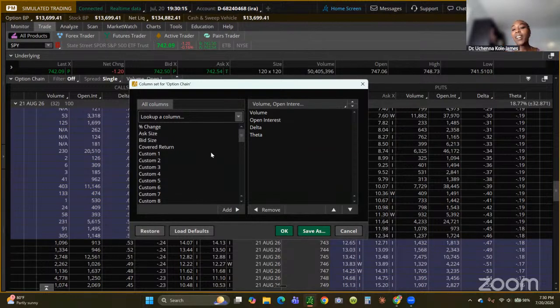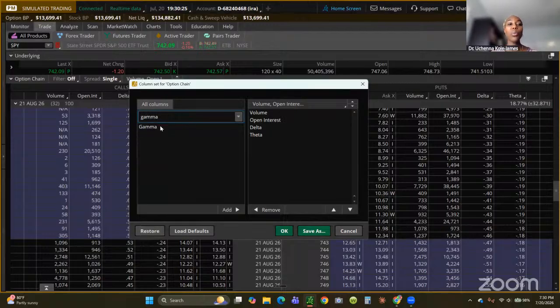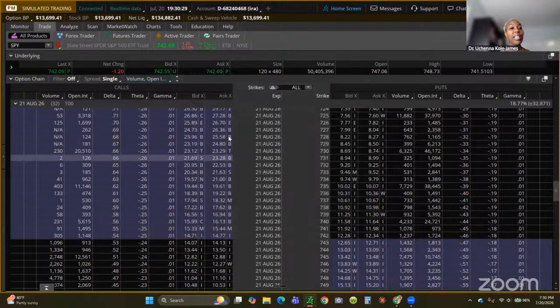And that's what I want to add. So on my chart, I usually always have volume, open interest, delta, theta. I usually have gamma as well, which is the rate of change of your delta. And that's pretty much it. I don't want my option chain to be too busy because then it's hard for me to see what's going on.